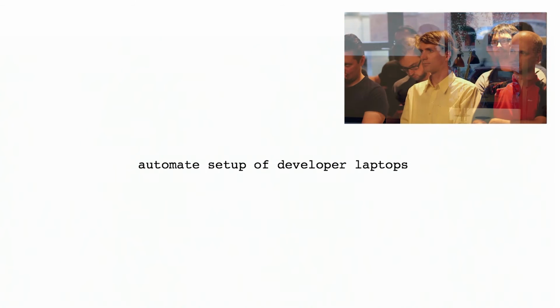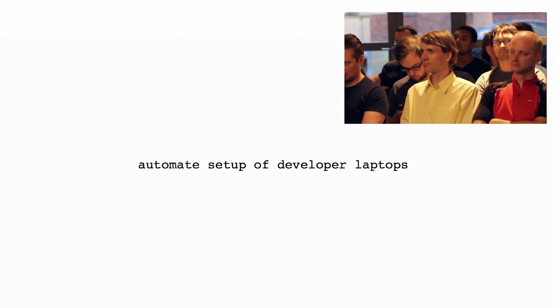Other things you can automate is setting up the developer laptop. Well, with a monolith, it's extremely simple. Install a database, install a runtime, get the code, run it. Well, with services, it becomes a little bit more tricky. Your services use Kafka, so you need a Kafka, a database, a runtime.